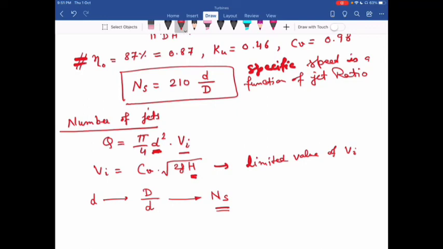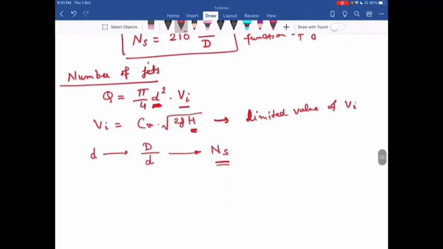Now further, you can see d. I have U equal to π d N divided by 60, or in terms of speed ratio, U is Ku under root of 2gH. So you can see for fixed value of H, my U is fixed or limited.